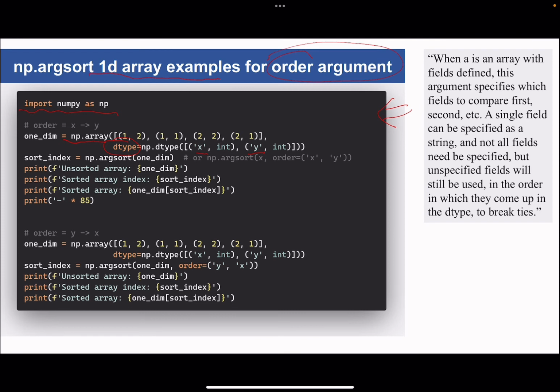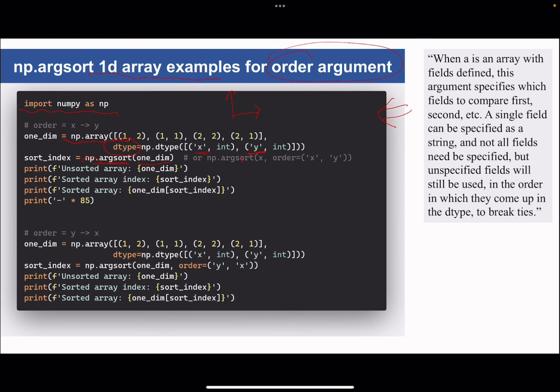You can think of it as four points. I just initialize four points in a two-dimensional plane, with an x-axis coordinate and a y-axis coordinate, so that you can maybe have a better intuition of this example for the order argument. After that, we call np.argsort, and we pass the array to sort to this function.